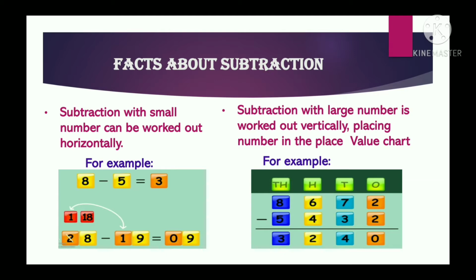Now, the second fact is subtraction with large number is worked out vertically. So placing number in the place value chart, we can subtract vertically. For example, here you can see in this picture.